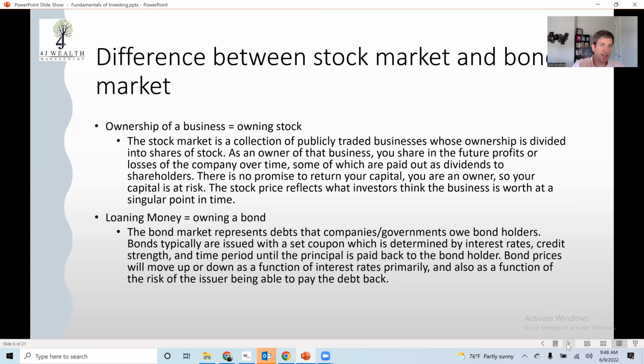So what is the stock market and what is the bond market? What are the differences between them? Remember that when you own stock, you actually have ownership of a business, right? The stock market is a collection of publicly traded businesses, and their ownership is divided into shares of stock. So as an owner of that business, you share in the future profits or losses of that company over time.